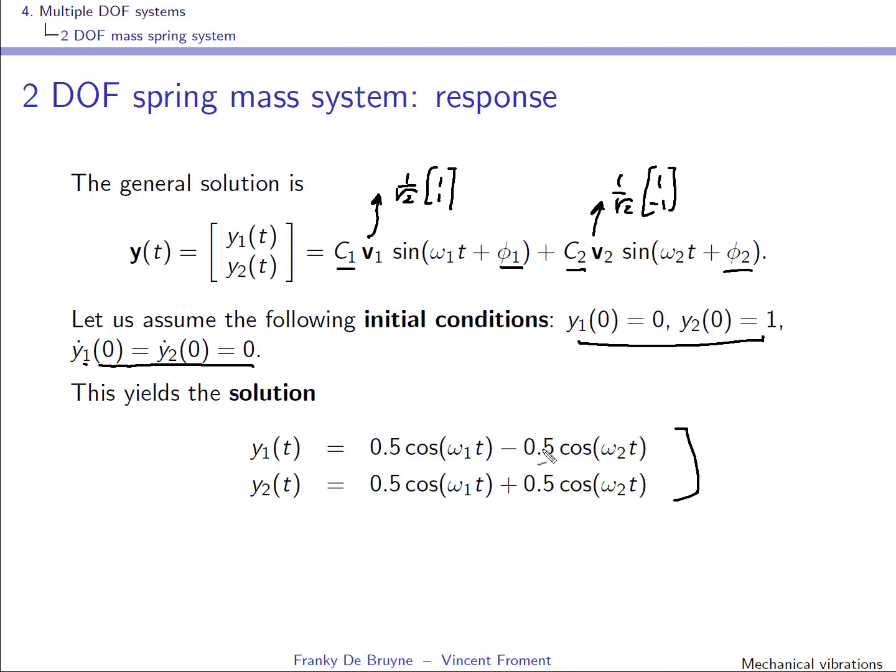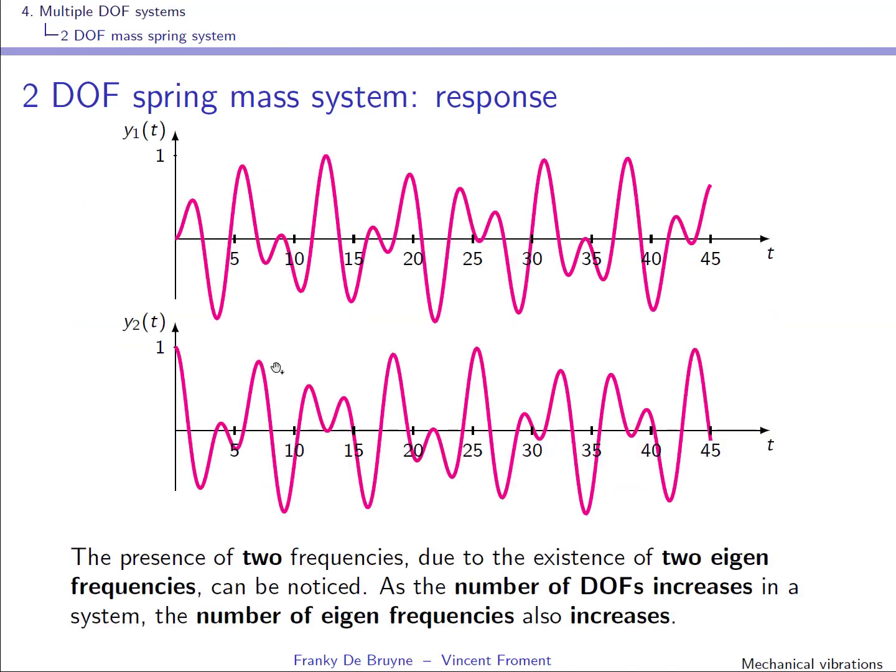You will see that indeed, if you put t equals 0 in here, you'll have 0 here and 1 here, and if you take derivatives, you'll have only sines appearing, and of course at t equals 0, well, the speed will be equal to 0. And this is what you see. You see indeed that the initial condition on y1 is 0, on y2 it's 1, and well, you would have to zoom, but indeed the derivative at t equals 0 is 0.